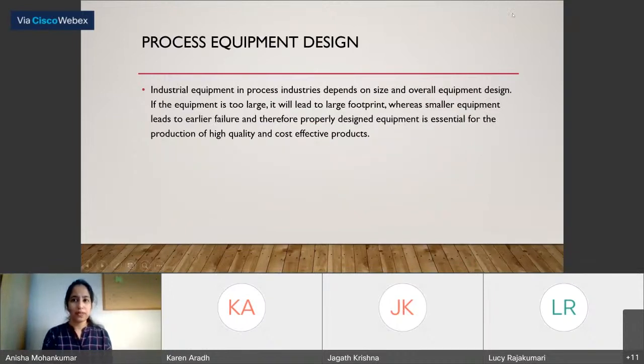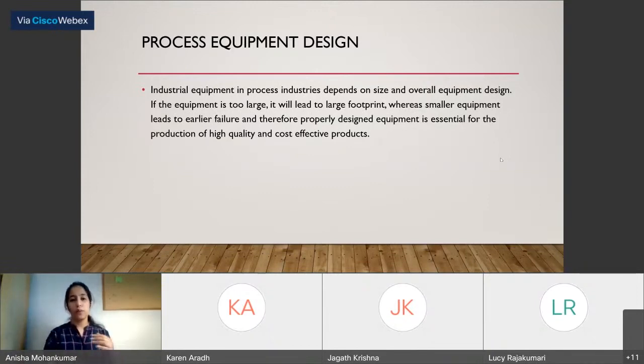So what is basically process equipment design? It all depends on size and overall design. If the equipment is too large, it will have a large footprint, whereas when you have smaller equipment, there are always limitations, and it leads to earlier failure.